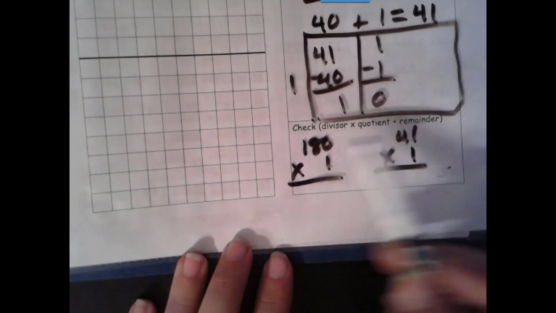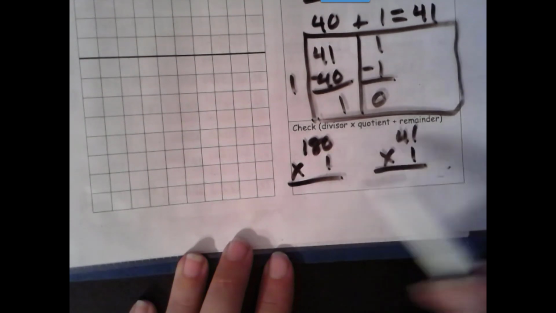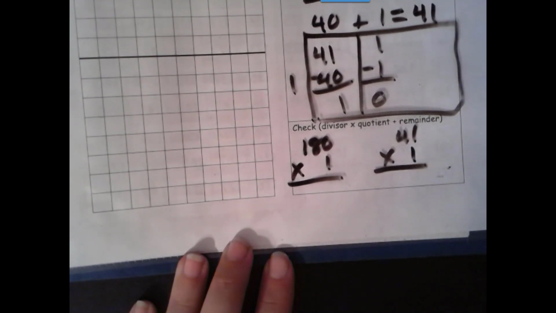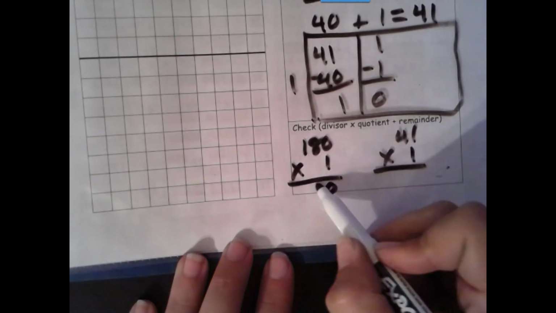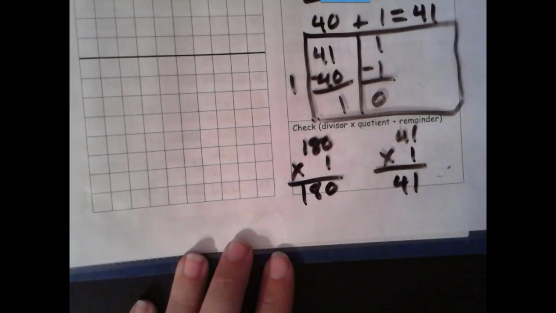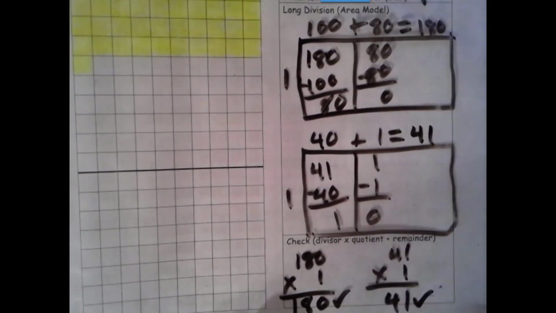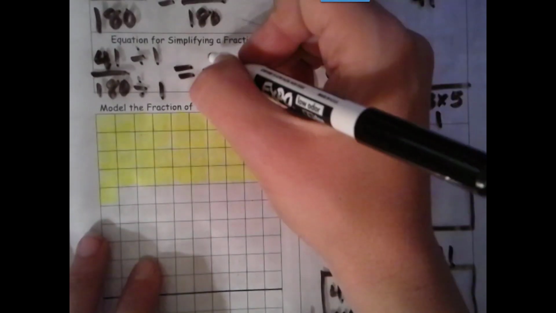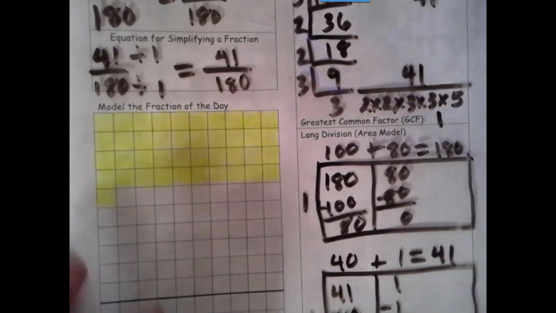But when 1 is our greatest common factor, we have the identity property of multiplication, which says when you multiply by 1, it stays the same. 41 checks with our dividend. 180 checks with our dividend. So that means our fraction for sure is 41 over 180.